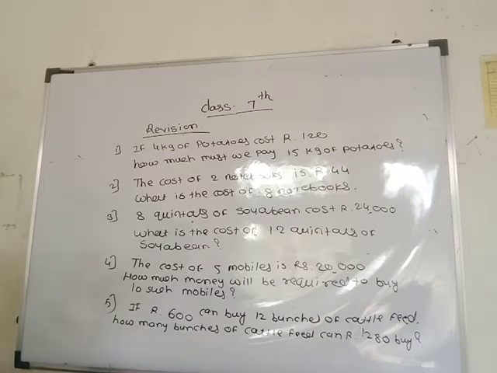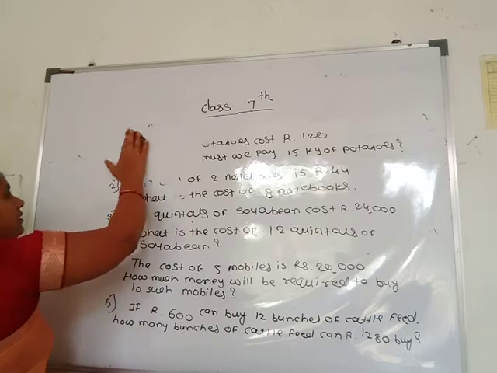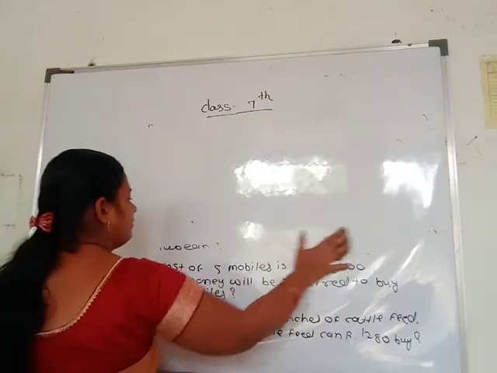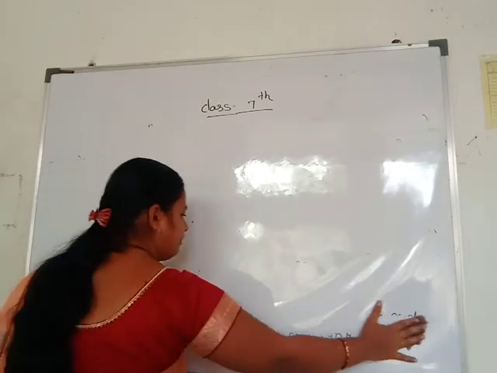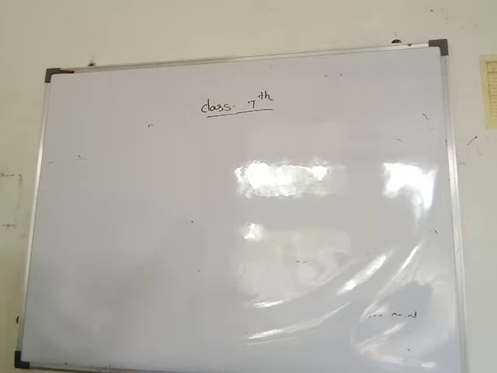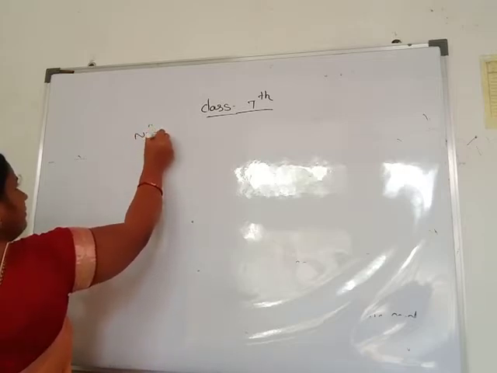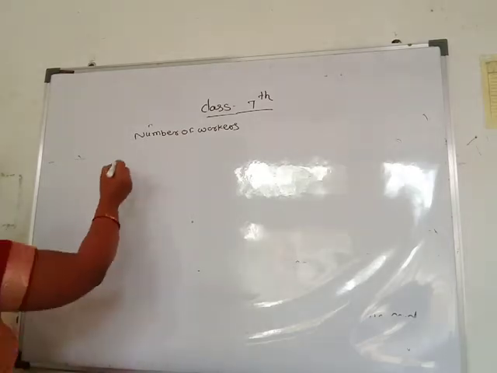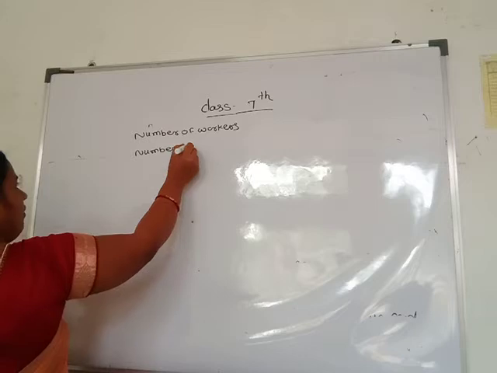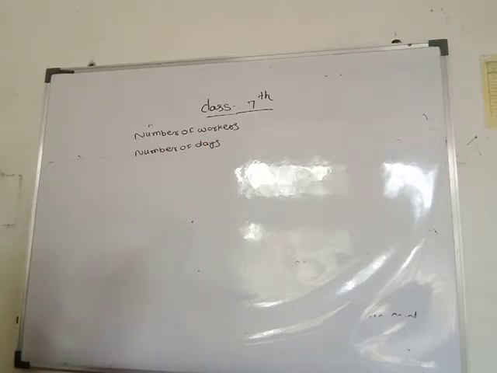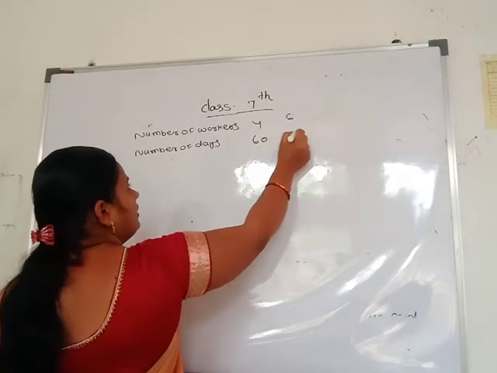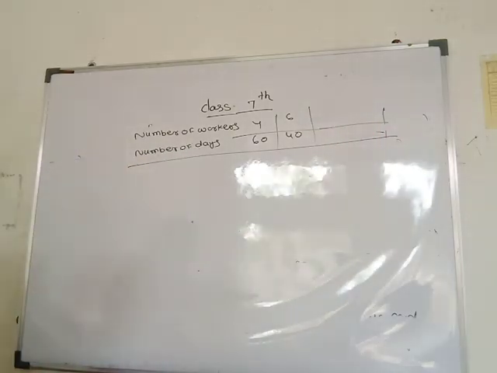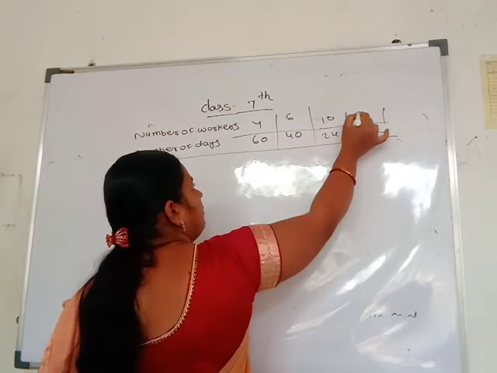Then see here an example of inverse proportion. Number of workers, number of days: 4, 60; 6, 40; 10, 24; 15, 16.